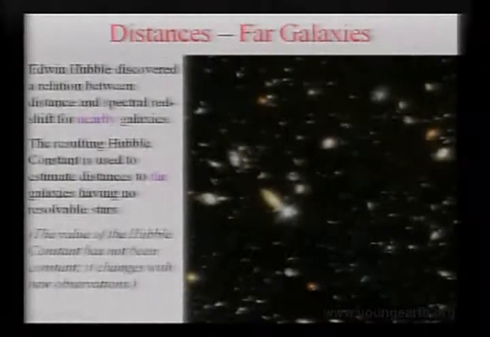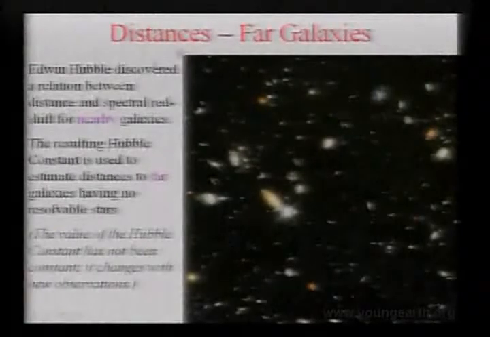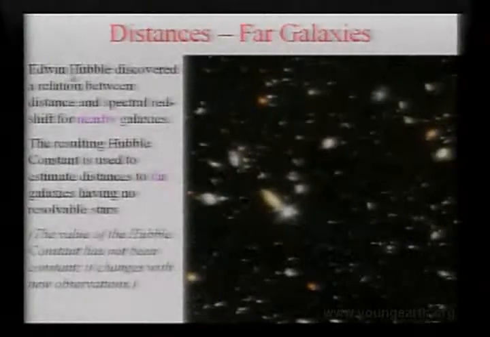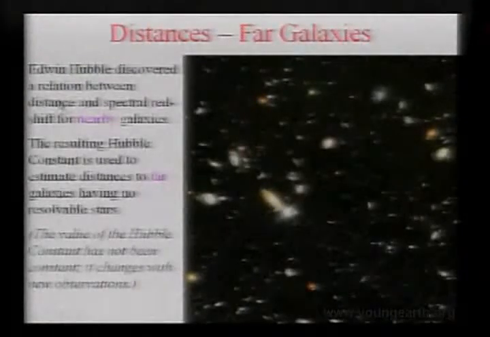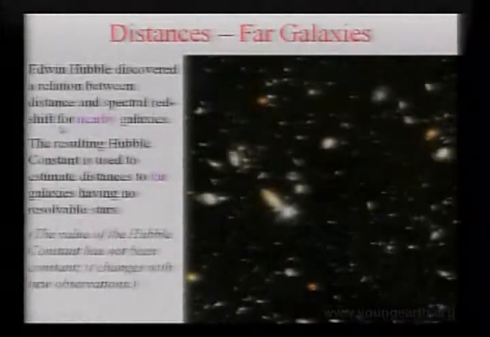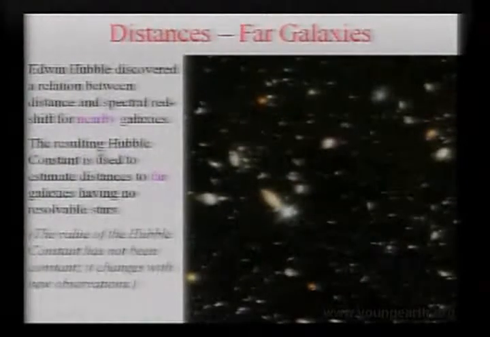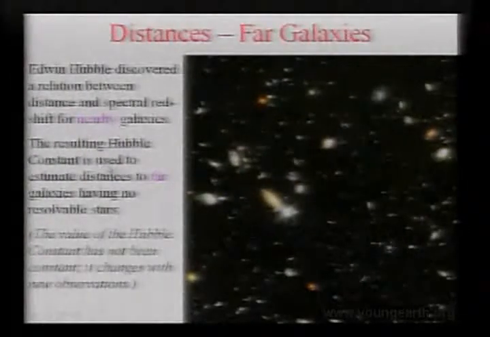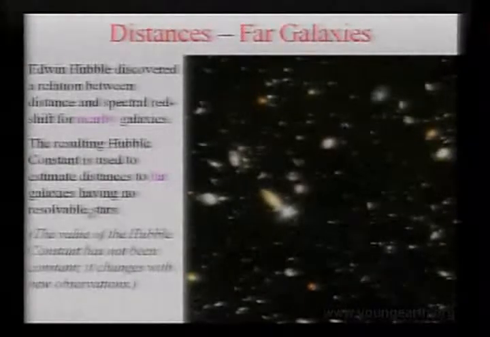Distances to far galaxies. Here's where we start to get into theoretical problems. Back in the last century, Edwin Hubble discovered a relationship between the distance and the spectral redshift of nearby galaxies. And the resulting Hubble constant was then used to estimate distances to far galaxies having no resolvable stars.